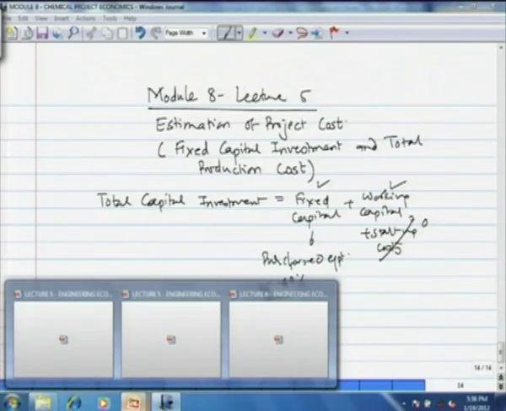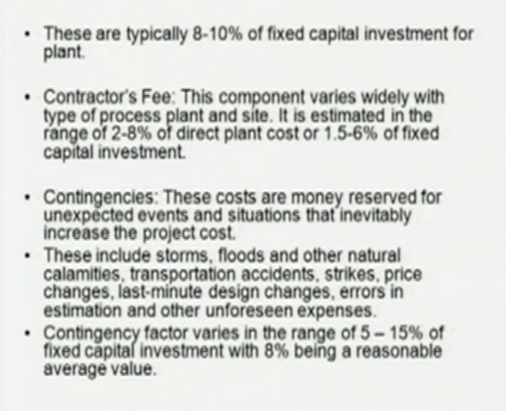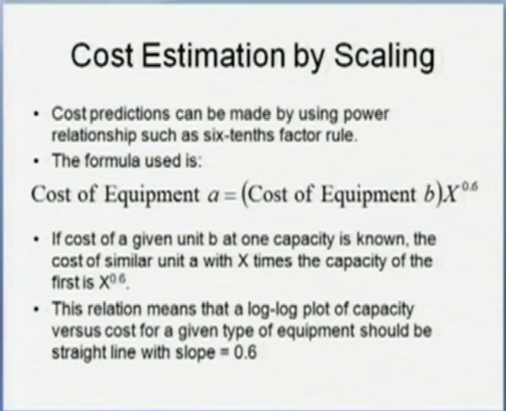One such thumb rule that we saw was cost estimation by scaling, where we saw the formula that the cost of a particular equipment A is equal to the cost of equipment B into x raised to 0.6, where x is the capacity ratio and the exponent for that capacity ratio is typically 0.6. That is called the 6/10 factor rule.